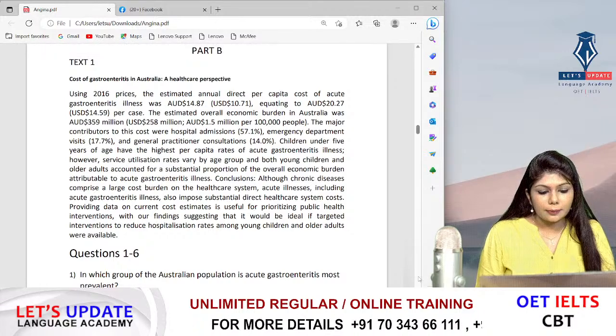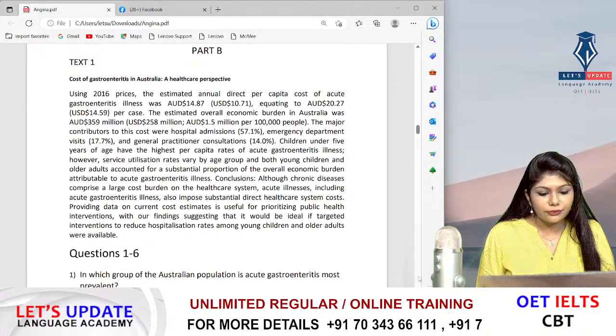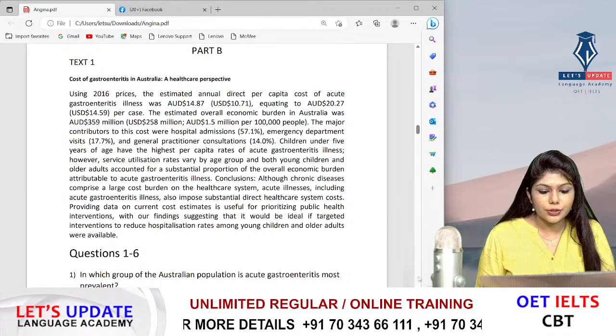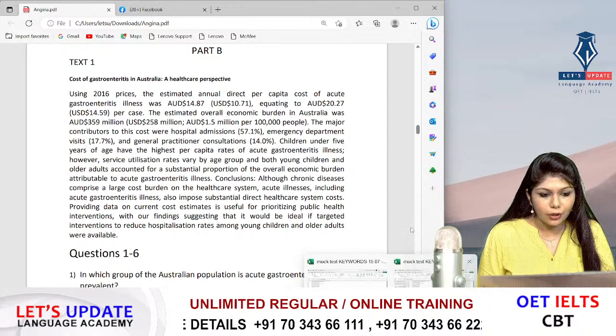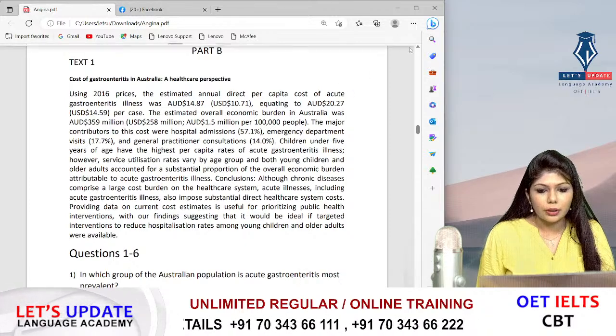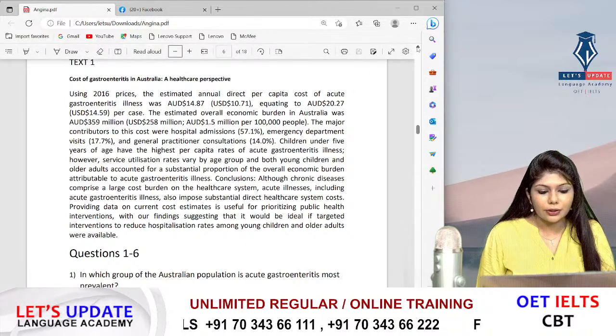The question is, in which group of the Australian population is acute gastroenteritis most prevalent? You have 3 different options. Now you can go forward and read the text in order to find the answer.